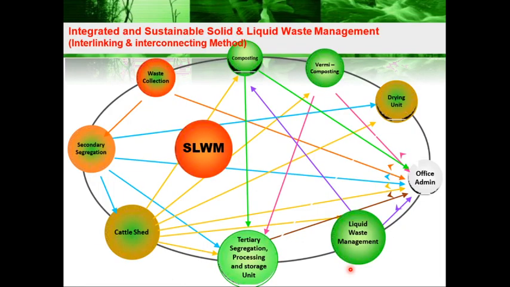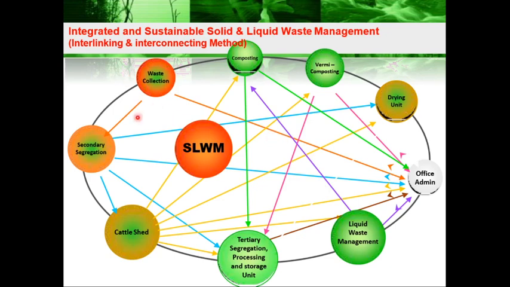Now see here the interlinking and interconnecting methods: how waste material is utilized to produce energy and how waste materials from different parts are interlinked with each other. Now, integrated and sustainable solid and liquid waste management.